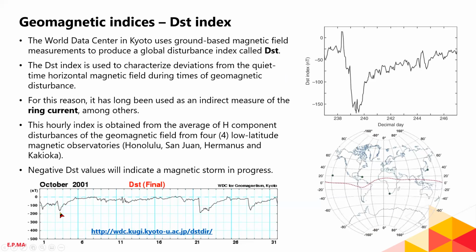And then it took several days before the magnetic field returned to its original or normal levels. Again, after some time, there are mini geomagnetic storms and a major geomagnetic storm happened at this month. So you can actually go to this website and see the real-time DST index.